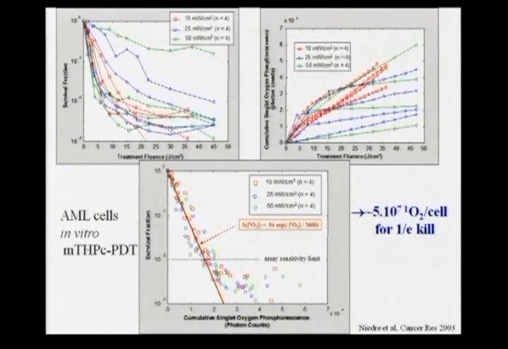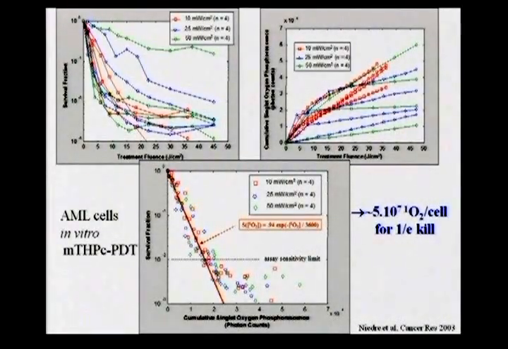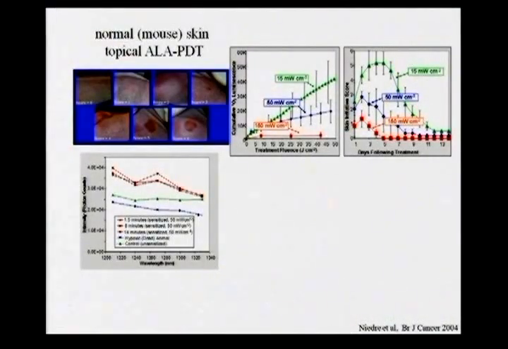Does that sound like a lot or not very much? It's actually quite a lot of singlet oxygen to generate per cell. And this, of course, is for photosensitizer mTHPC, so this is probably located in the mitochondria. But it gives you, for the first time, a number that is a true number about the sensitivity of the cells to the treatment. Does this work in vivo?